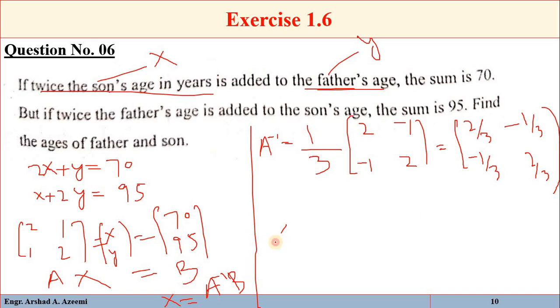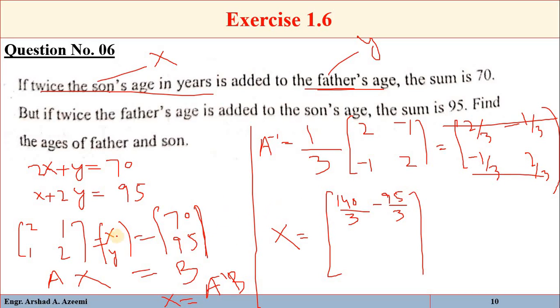Now we know that X is equal to A inverse multiplied by B. So this row multiplied with this column. So 2 by 3 multiplied by 70 will be 140 by 3, and minus 1 over 3 multiplied by 95 will be minus 95 divided by 3. Now the second row with this column, so minus 1 over 3 multiplied by 70 will be minus 70 divided by 3, plus 2 by 3 multiplied by 95, which will be 190 divided by 3.